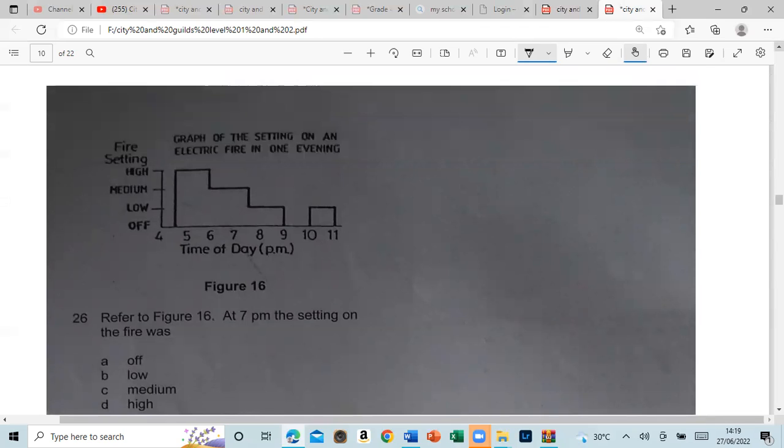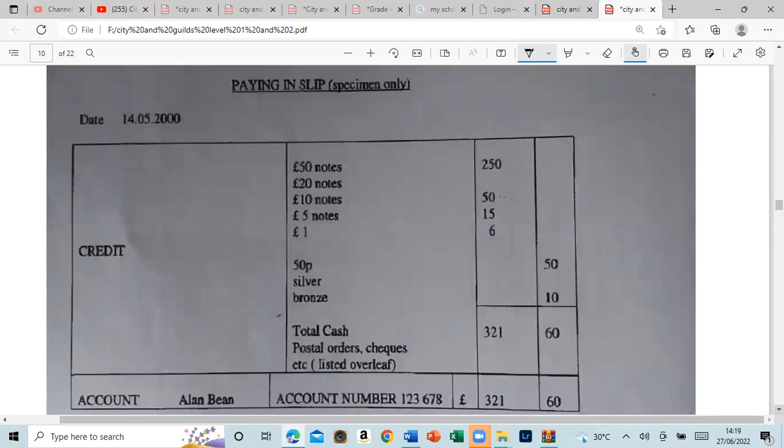So we have the graph of the setting of an electric fire in one evening. At 7 p.m., the setting on the fire was, so that's 7 p.m., and that was medium, right?